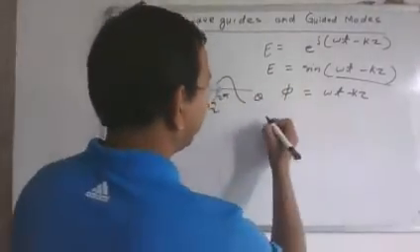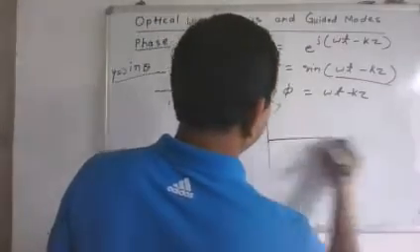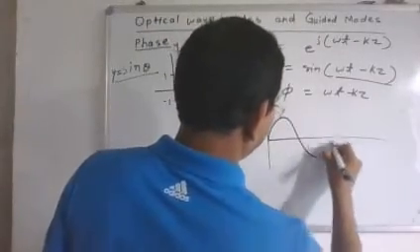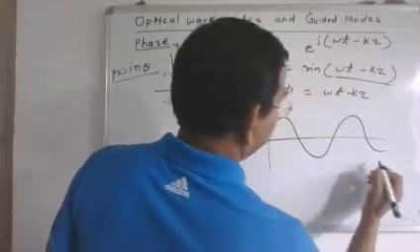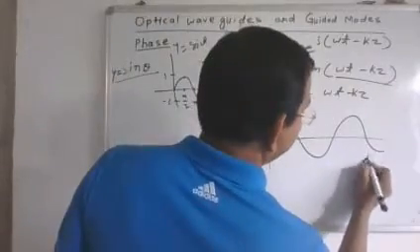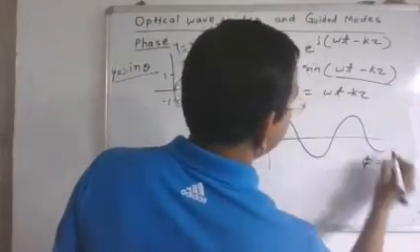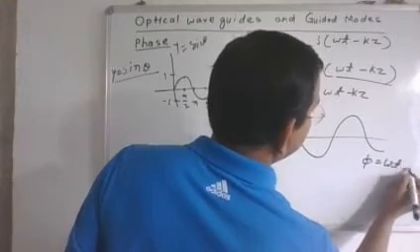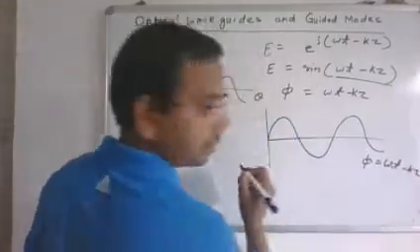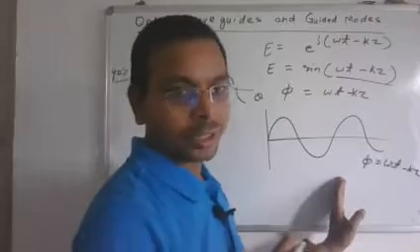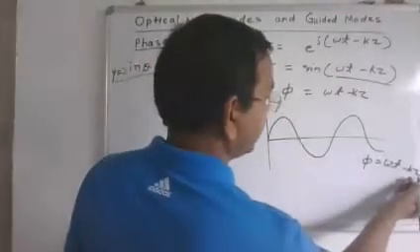Suppose we have this plot again, and this phi is nothing but omega t minus kz. So how to analyze this? First, suppose we drop z.